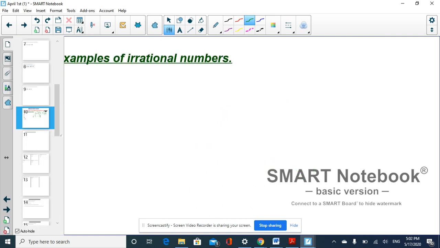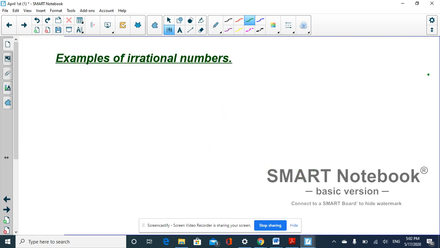Okay? The irrational numbers are simply the square root of a non-perfect square, like root 3. There is no number that, if you multiply it by itself, will give you root 3. It's a decimal number, but I can't find it as a whole number.